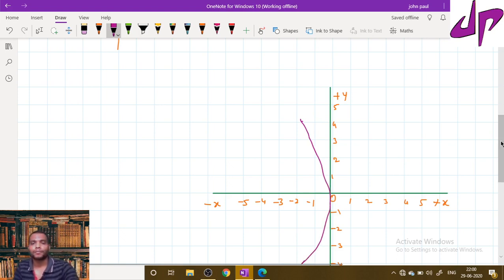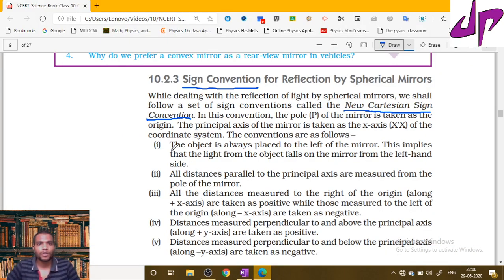The first rule is that the object is always placed on the left of the mirror.